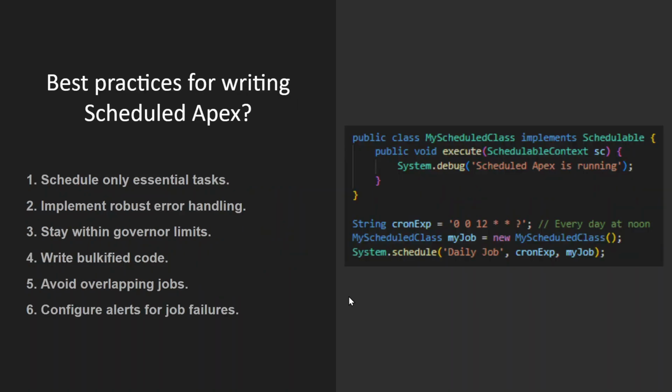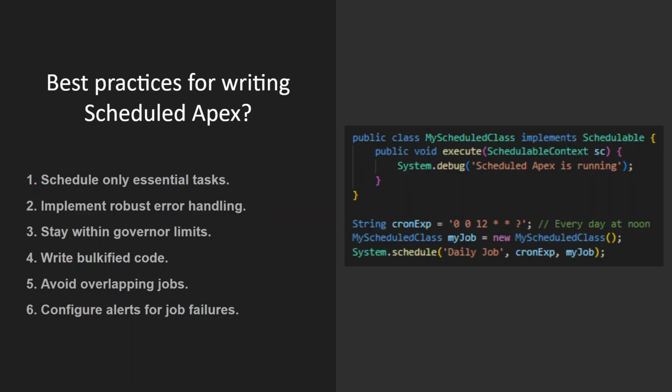Here we have best practices for writing scheduled Apex. Here are some best practices that we should follow while writing the scheduled Apex. Schedule only essential tasks. It is a very good thing that you only schedule essential tasks, like we have this limitation that we can only have 100 scheduled Apex jobs at once, so we have to use that efficiently.